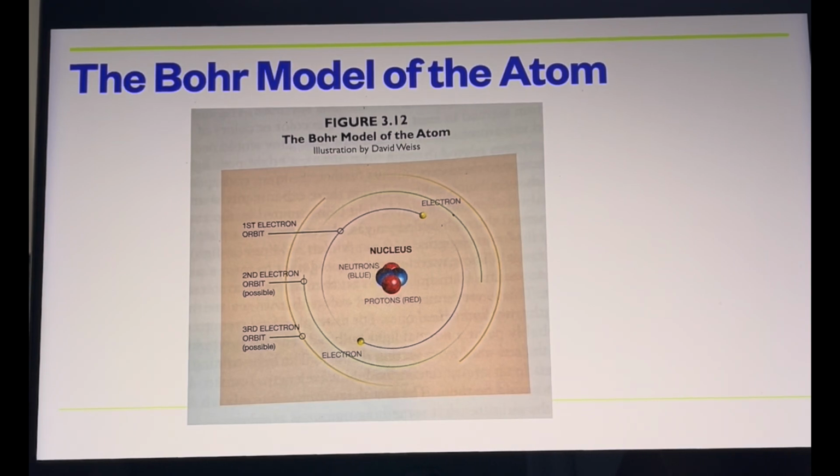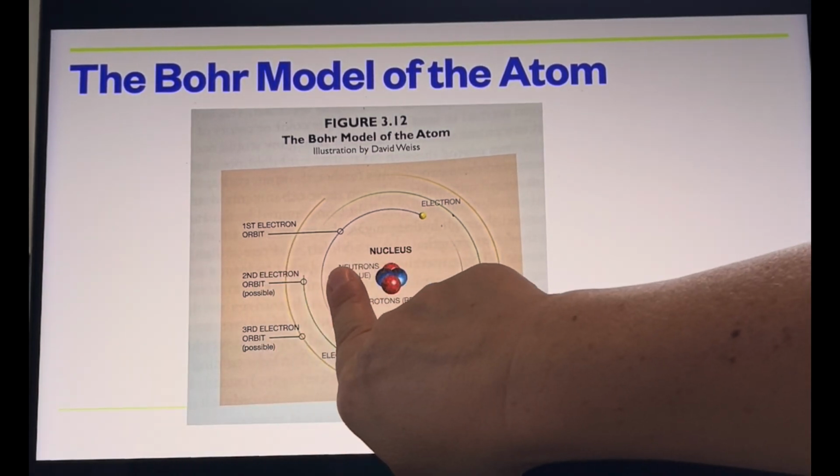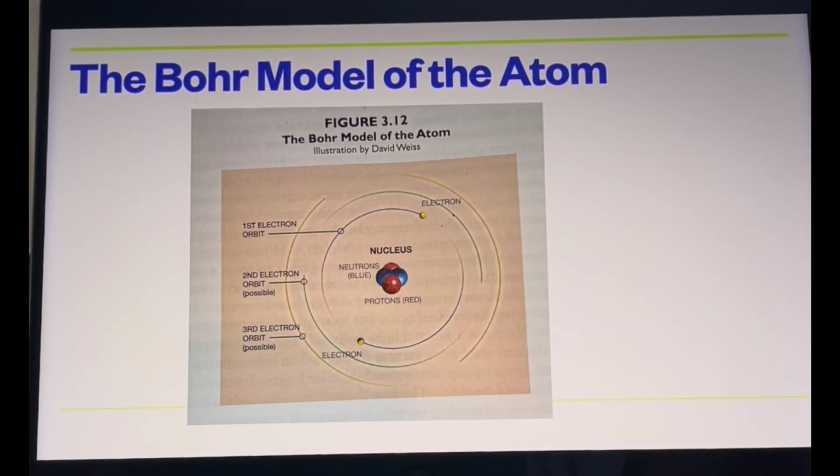To get to that closer orbit, the electron must find a way to get rid of that excess energy. It does this by emitting light. When an electron moves from an orbit far from the nucleus to an orbit close to the nucleus, so when it goes from here to here, we say it has de-excited.